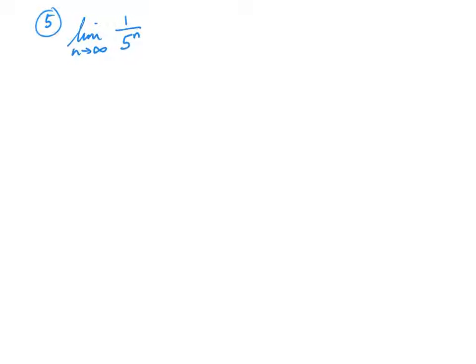If I'm doing this an infinite amount of times, the denominator is going to go towards infinity. So I have 1 over an infinite amount, which just gets smaller. The limit doesn't exist? No, it goes towards 0. So it's just 0.